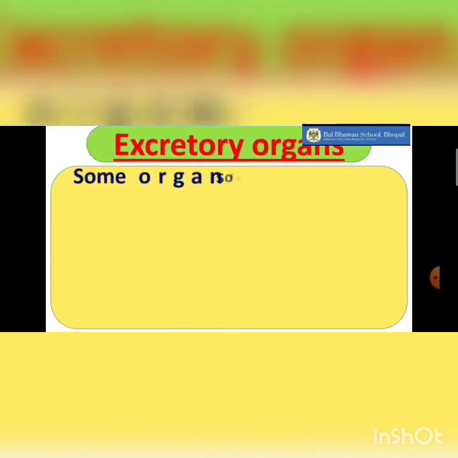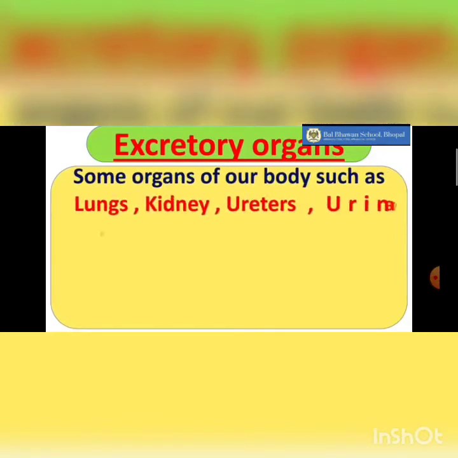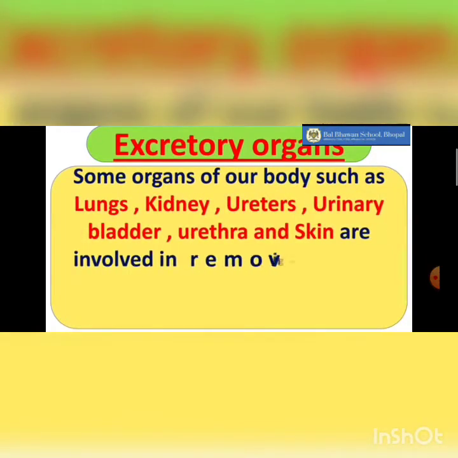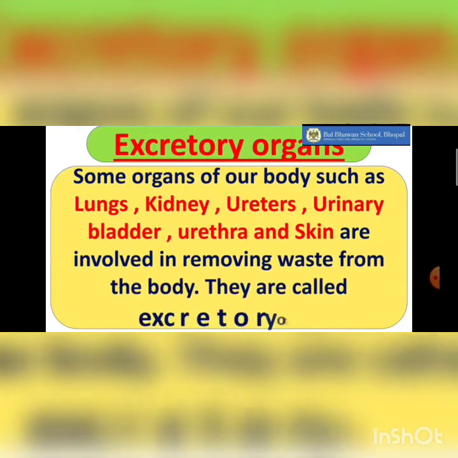Now, children, when we talk about excretory organs, these are the organs which are involved in removing the waste from our body. Organs like lungs, kidneys, ureters, urinary bladder, urethra, and skin are some of the excretory organs of our body.